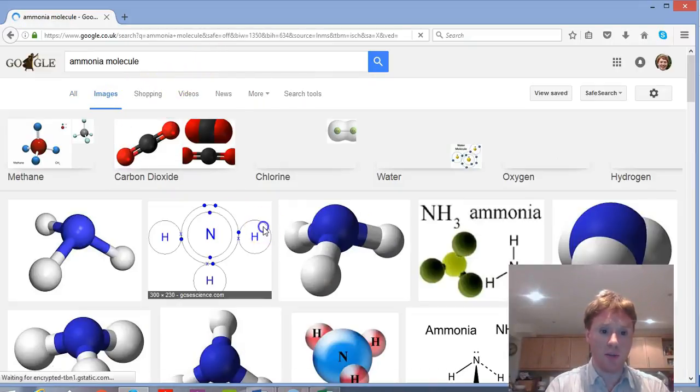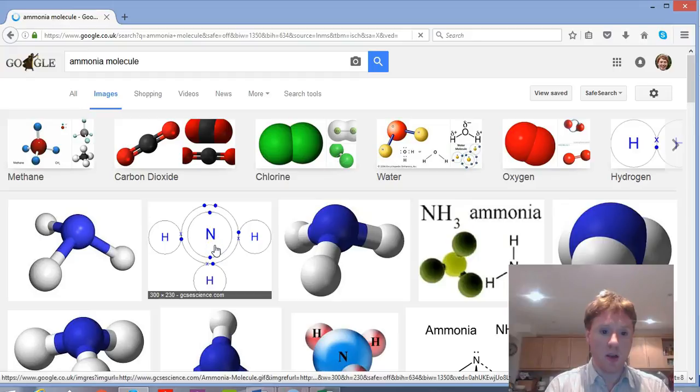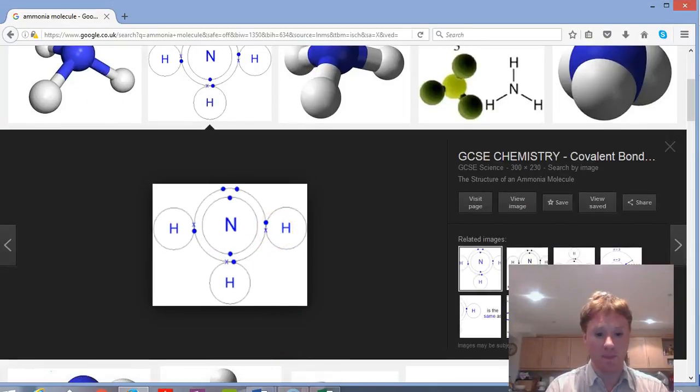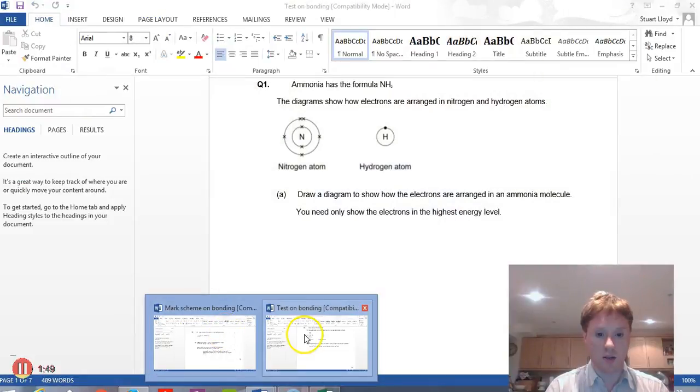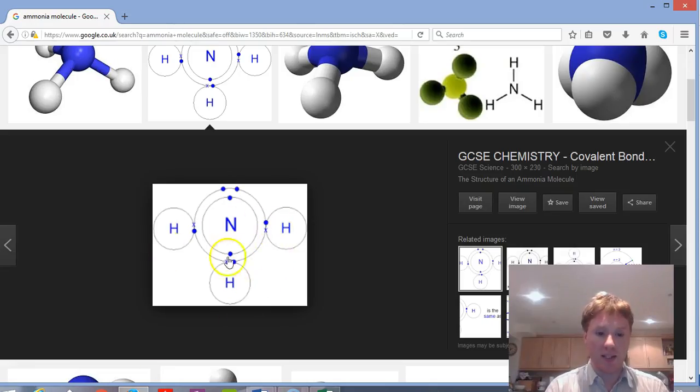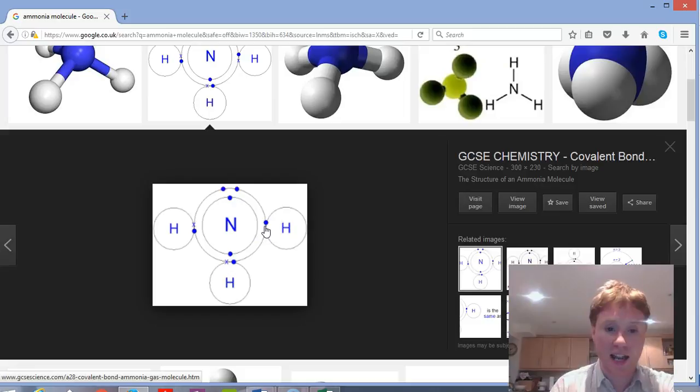There we go. Here's a good one. So what it's saying is it's a covalent structure. The clue there is the word molecule. Things with covalent bonds form molecules. You can tell it's a covalent structure from here because the circles are overlapping, the electron shells are overlapping, and there are shared electrons in the overlapping bits.